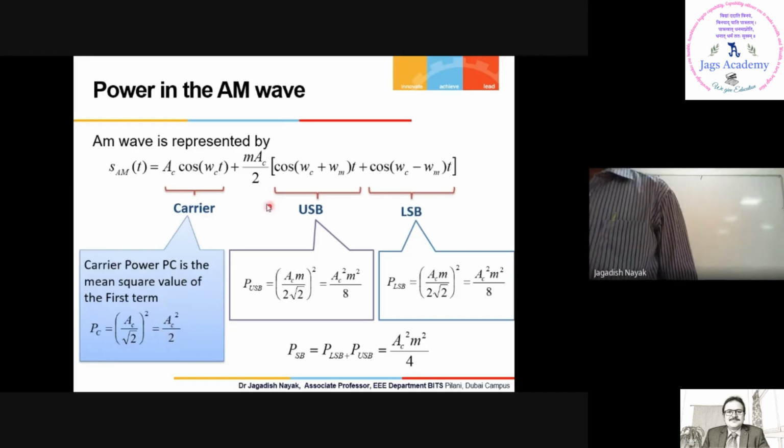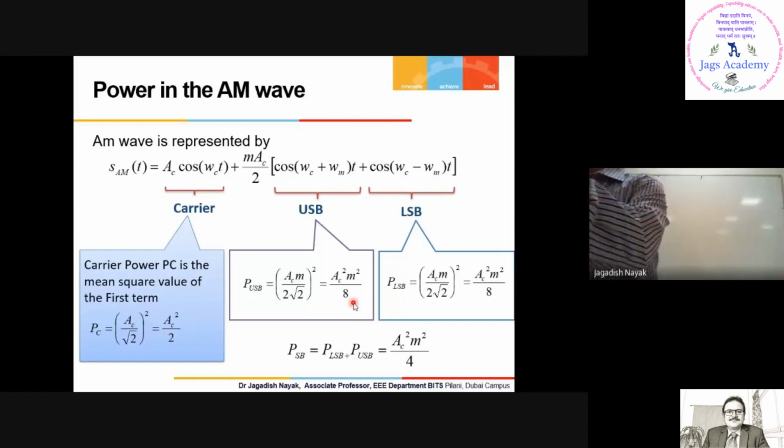Now can you tell me what is the power in this? (m A_C / 2) divided by root 2 whole square divided by R. That will be A_C square m square divided by 2 root 2, so that gives you A_C square m square divided by 8.